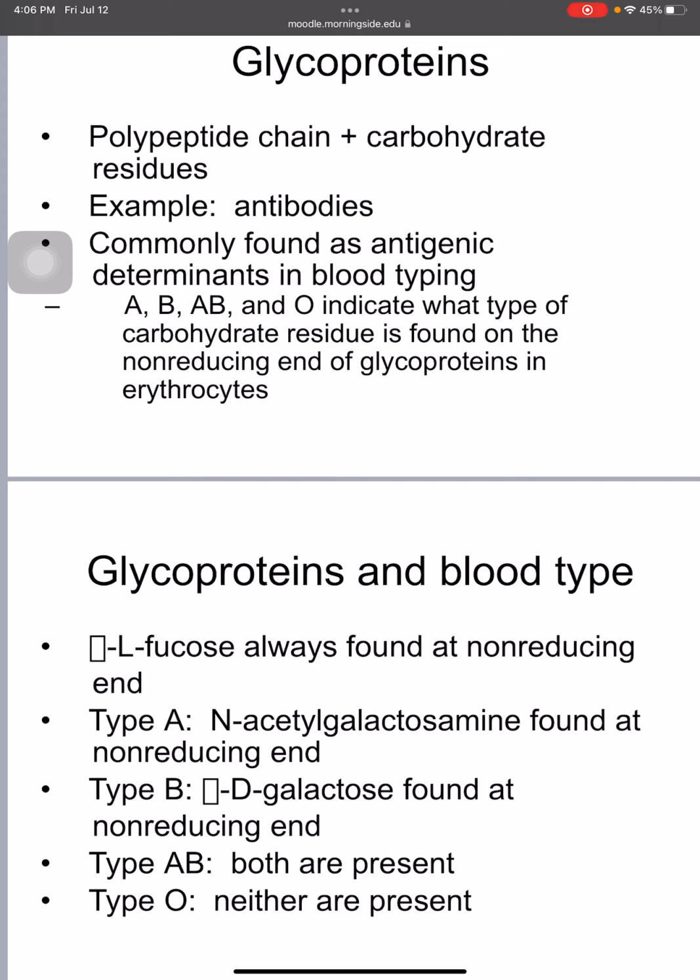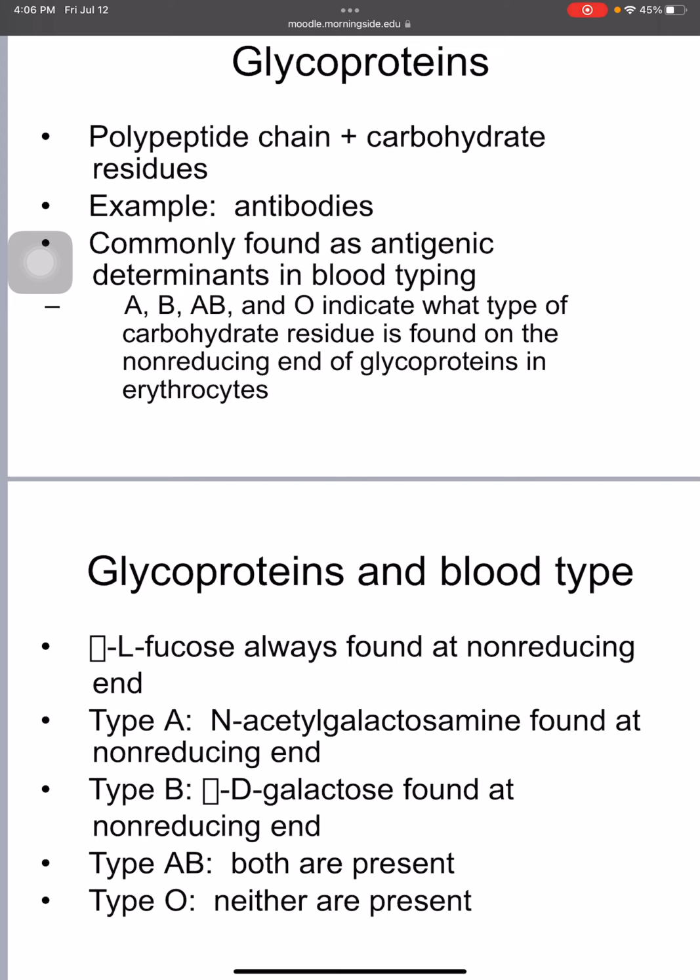However, different glycoproteins will sometimes have other things in addition to that. If you have blood type A at the non-reducing end, you're also going to find the presence of N-acetylgalactosamine. I don't remember if I put the structures in here or not. Yeah, here we go. On the top here is a type A blood type at the non-reducing end.